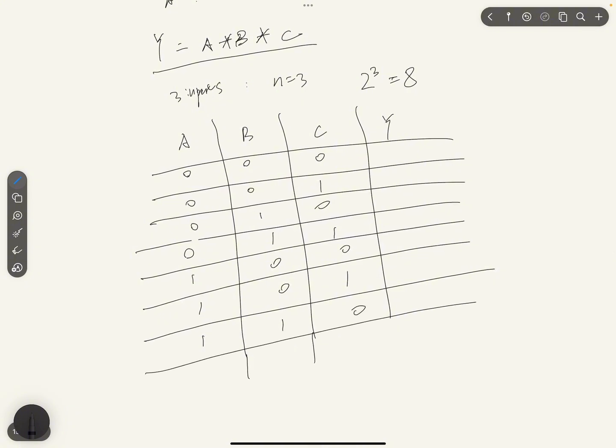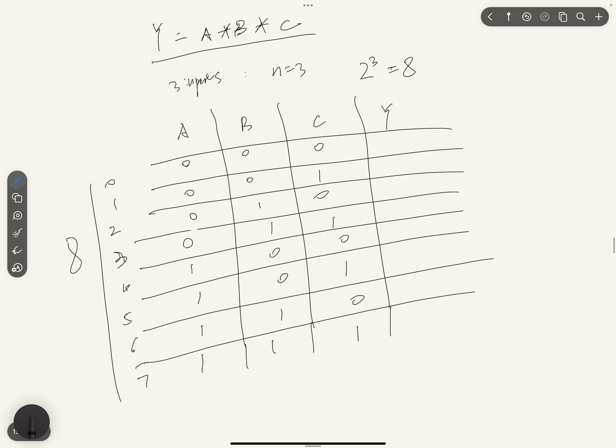So last one will be just add 1 to C, 1, 1, 1. Same thing for the decimal, 0, 1, 2, 3, 4, 5, 6, and last one 7. So 0 to 7 is 8. So we have 8 combinations.